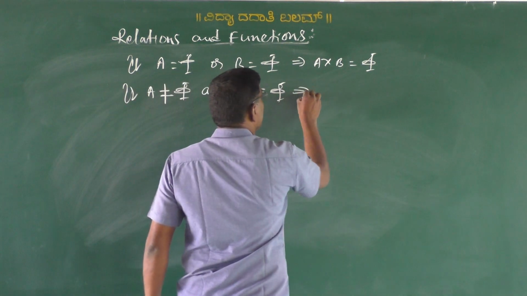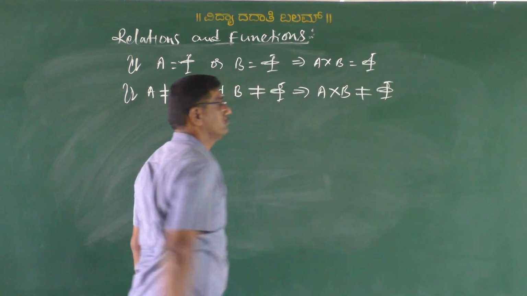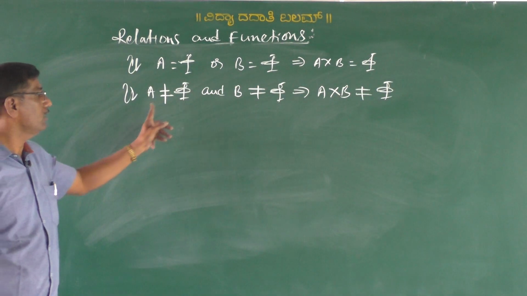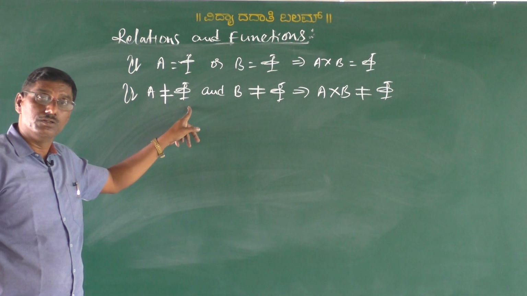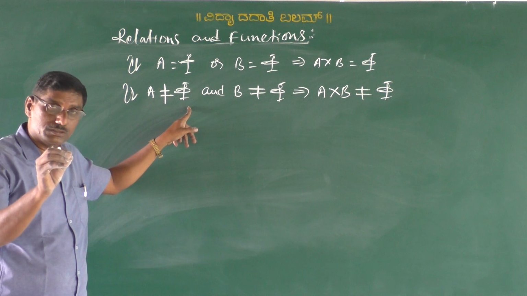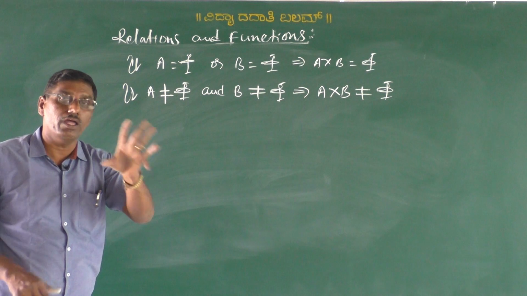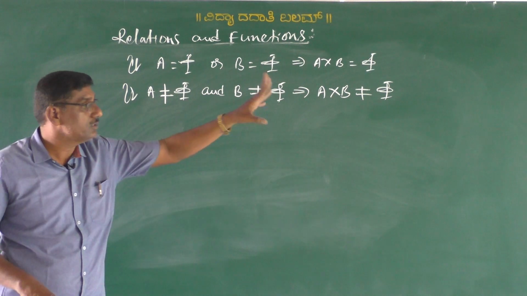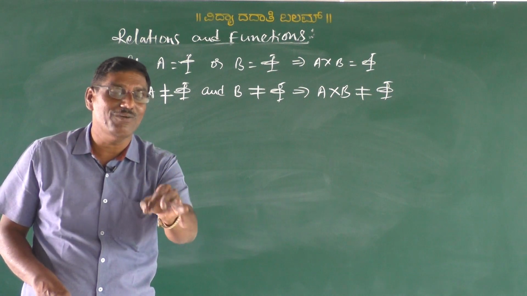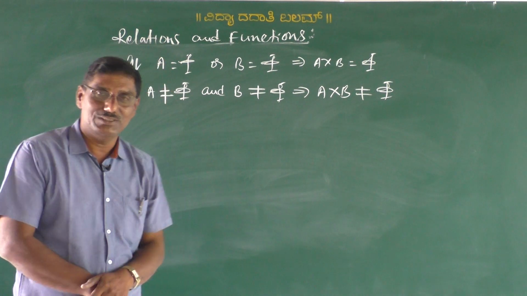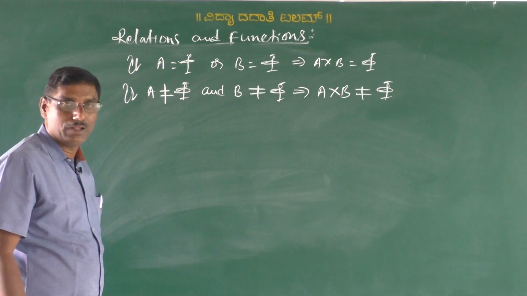Then A cross B is also non-empty. A set A consisting of some elements and B also consisting of some elements, then we get A cross B also consisting of some elements which are in the form of ordered pairs, isn't it? This is the second point we have to write.